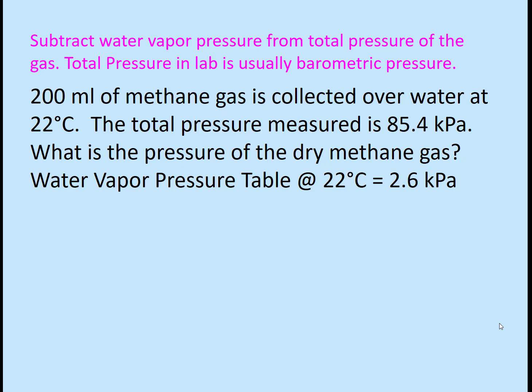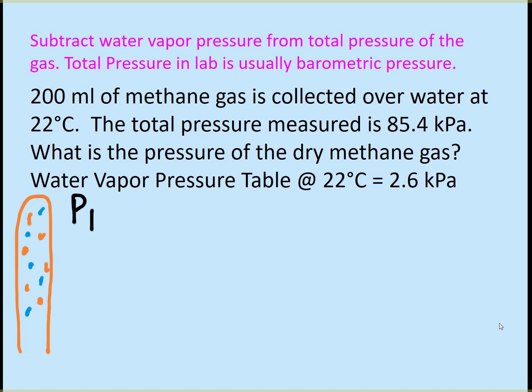So when we look at that gas that we collected over water, we will have the gas that we're interested in be there, but we will also have a little bit of vapor pressure in there. Well, how do I find the pressure of just the gas I'm interested in? Well, you have to go back to Dalton's law of partial pressure.